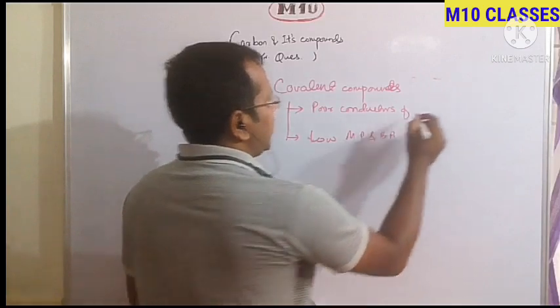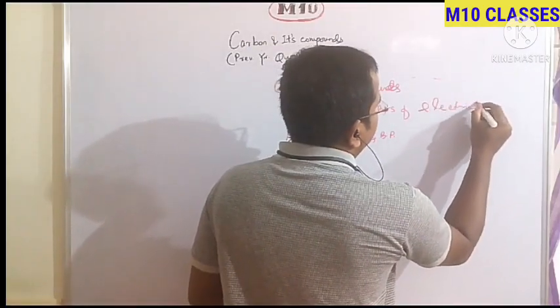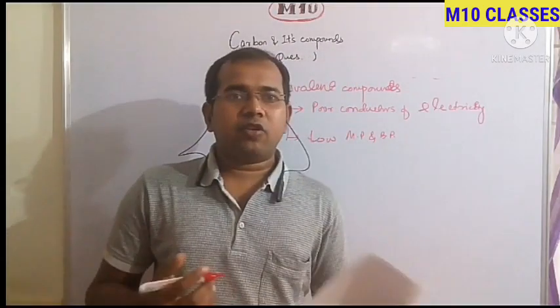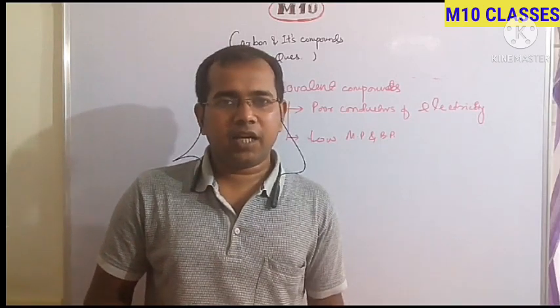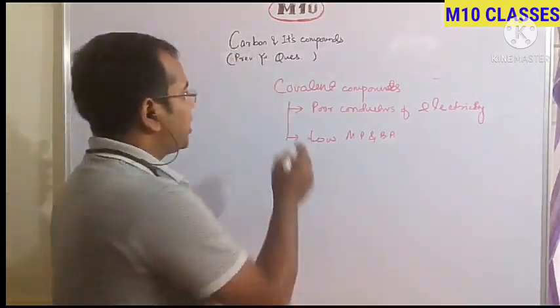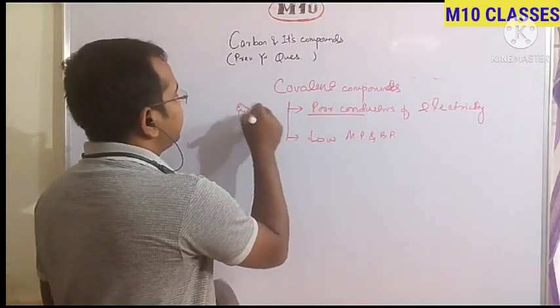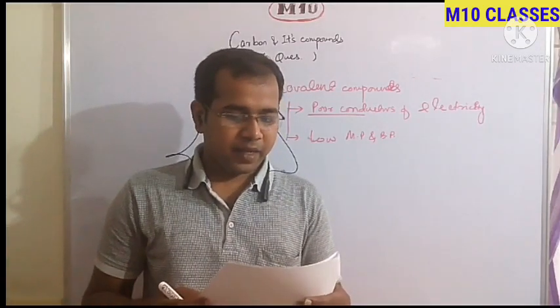For electricity, you know, a compound like your ionic compound, they can conduct electricity because they can form ions in their aqueous solutions. But carbon compounds, they cannot form ions. That's why they cannot conduct electricity.